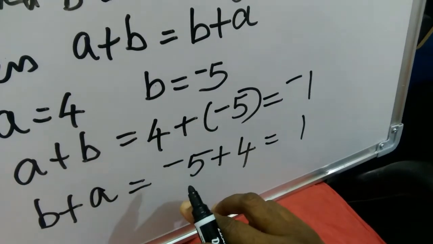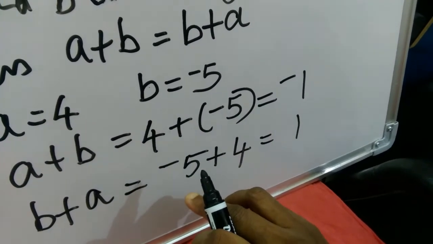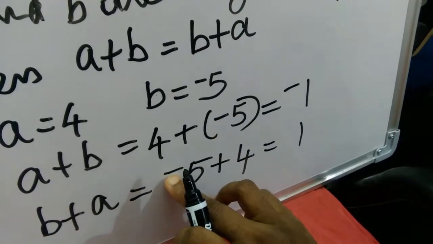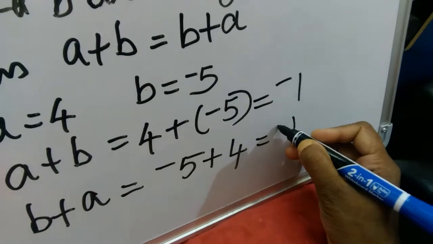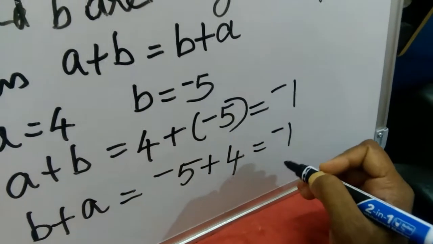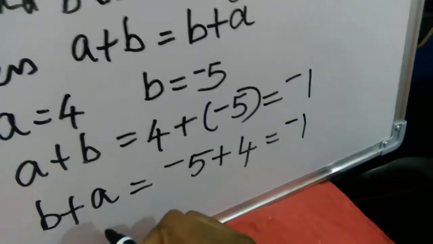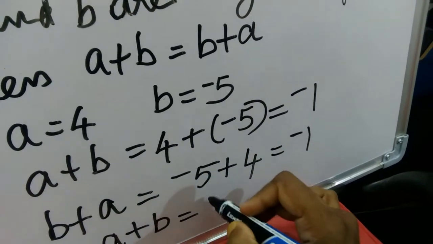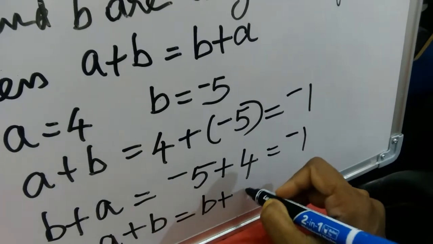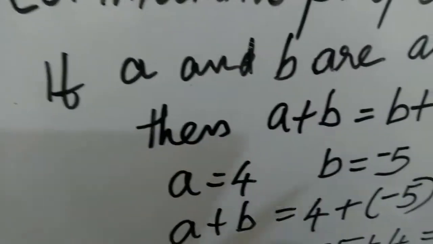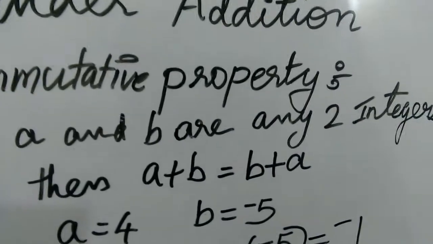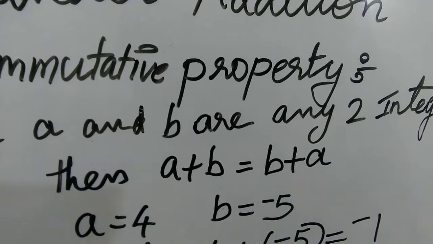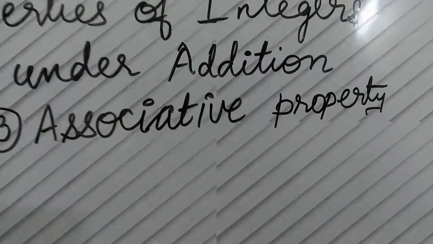The sign of the bigger number, without seeing the sign, that is 5, and the sign is minus, so we put the sign of the bigger number. So we will get a plus b equal to b plus a. That is commutative property. If a and b are any two integers, then a plus b equal to b plus a.